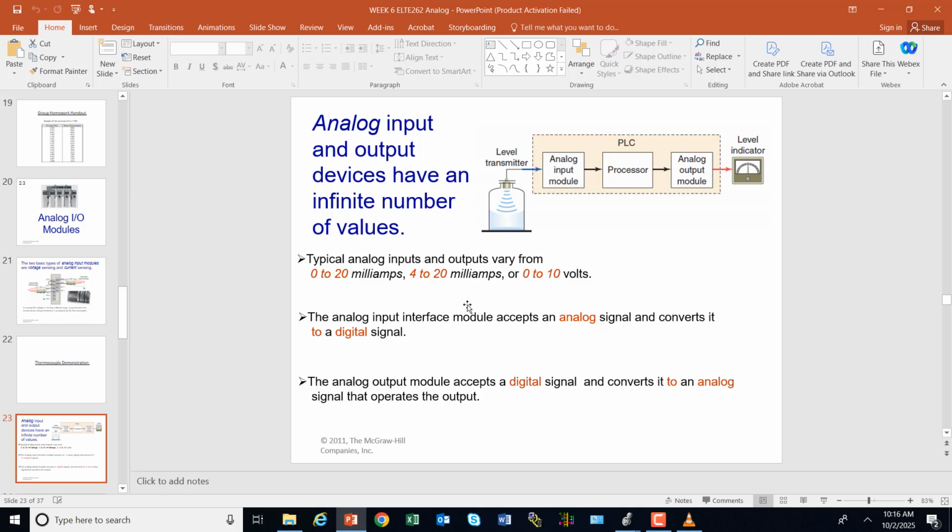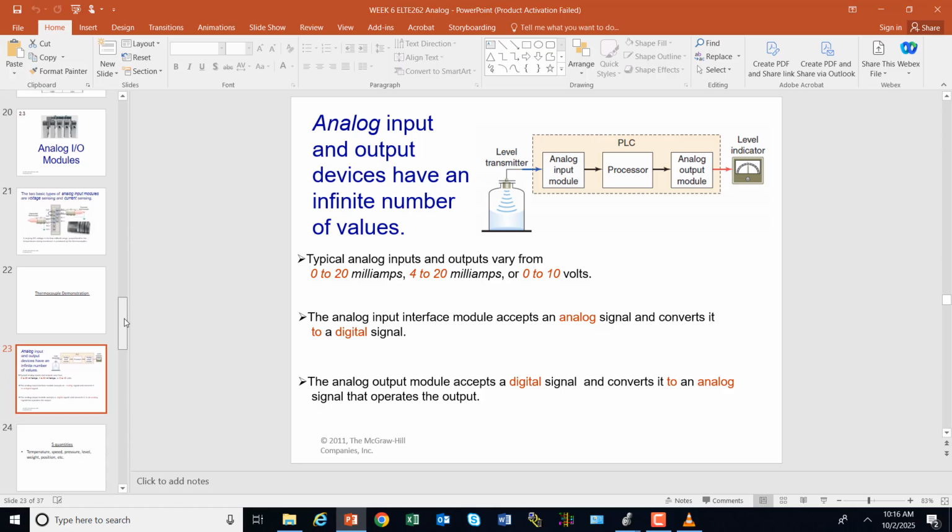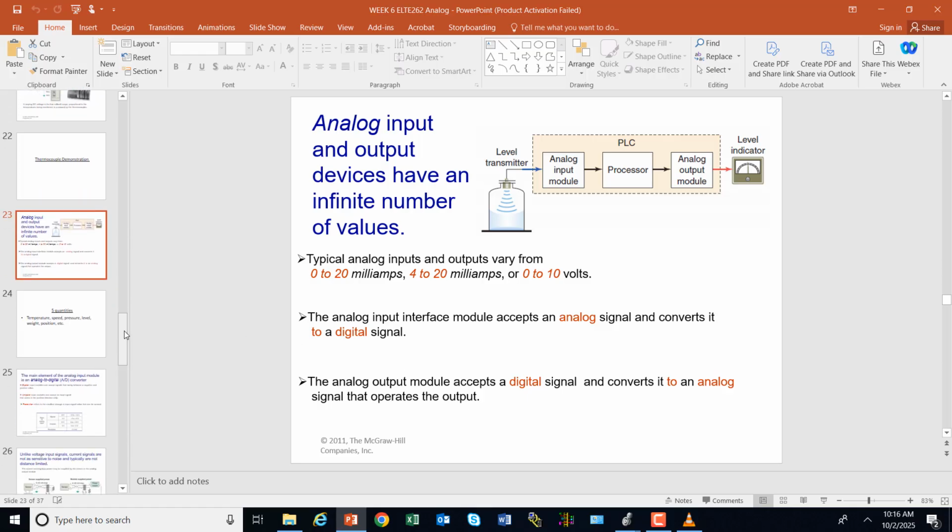And the analog input accepts an analog signal and converts it to a digital signal. So you're going to have that conversion in there so the PLC can use it. And the analog output module does the opposite. It takes the digital signal, the PLC's 1s and 0s, and converts it to an analog signal.